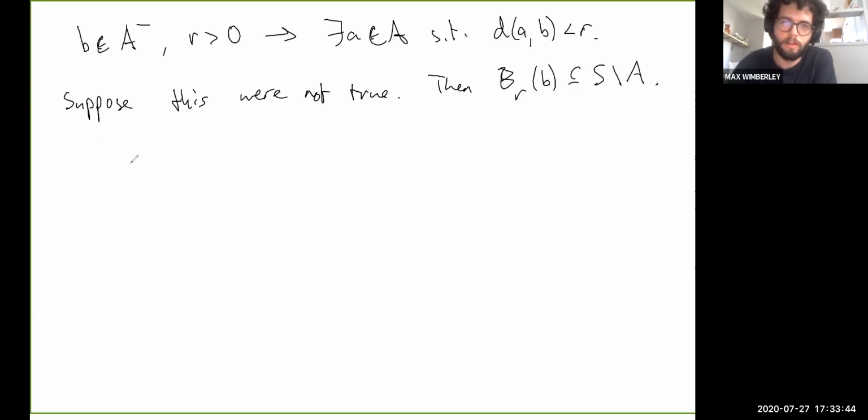But then, this means that the complement of this ball, or sorry, what am I saying?